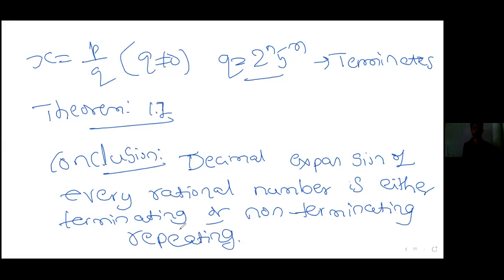If the denominator is of the form 2 to the power n multiplied by 5 to the power m, then surely that decimal expansion terminates. If it is not of that form, it will not terminate. It will have a decimal expansion which is non-terminating repeating.